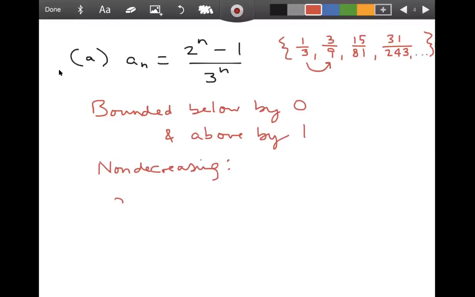Another way to think of a sub n instead of 2 to the n minus 1 all over 3 to the n is to write it as 2/3 to the n minus 1 over 3 to the n. Well, 2/3 to the power n is definitely decreasing. And then if you subtract a number from that, you're just making it decrease even more.